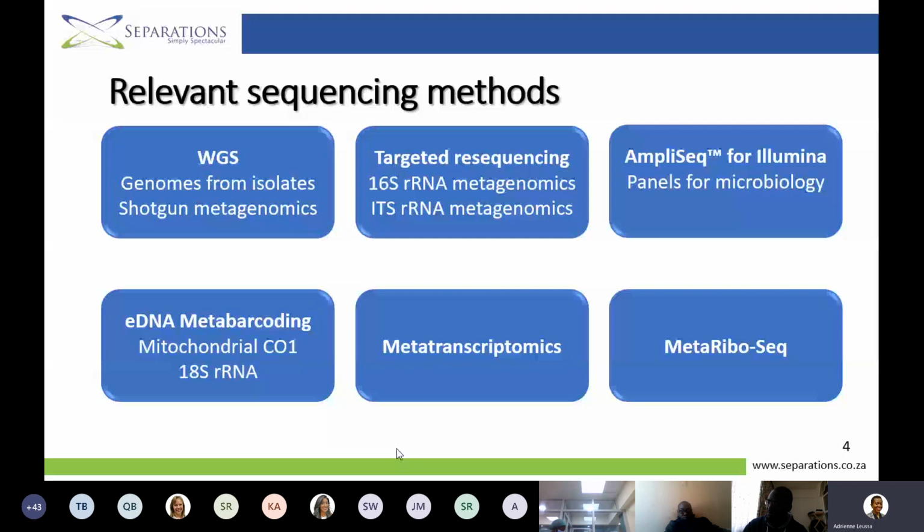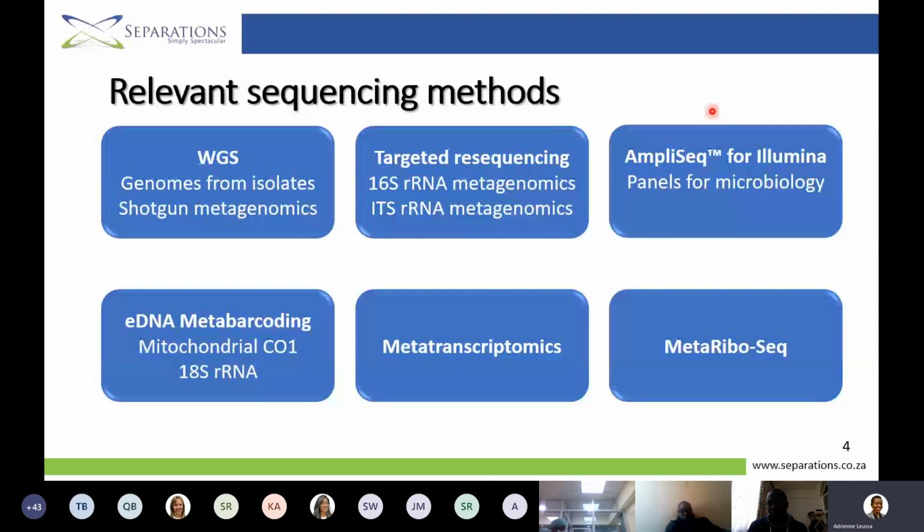So initially, one of the categories is you can employ whole genome sequencing either from isolates or in non-culturable microbial communities, or you can use PCR to amplify and sequence certain targeted genes that allow differentiation of variable species or genera within a group of organisms.